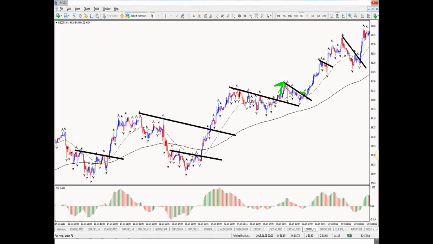This breakout here as well, that went a lot further, didn't it? So you can scale out some profit in here, and if you divide your trade in multiple parts, then sometimes you can catch bigger runs as well.